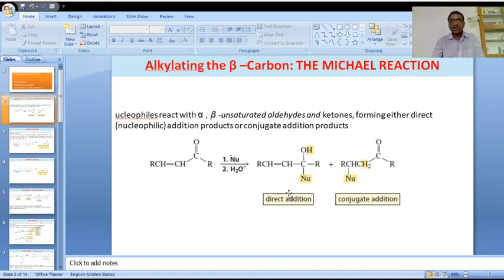This is called direct addition, where the nucleophile is added to the carbonyl carbon.